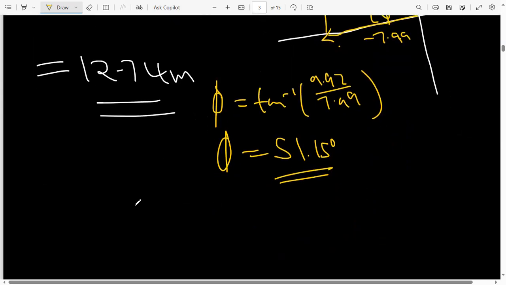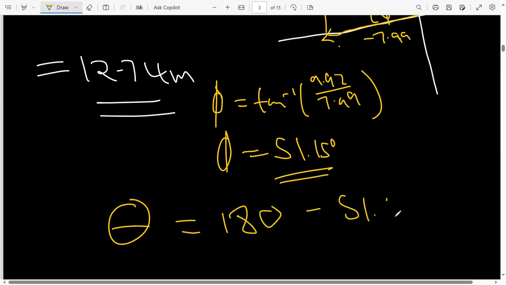So how are we going to get that angle? We are going to subtract from 180. So 180 minus 51.15 gives me 128.85 degrees.